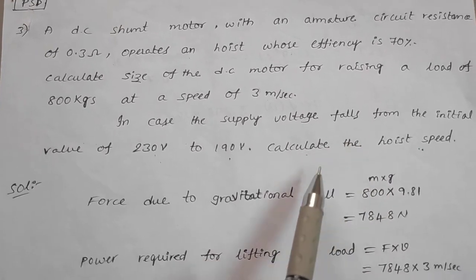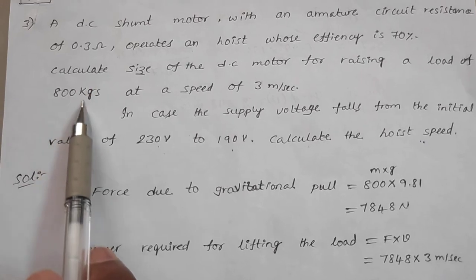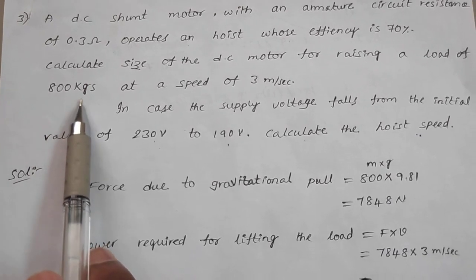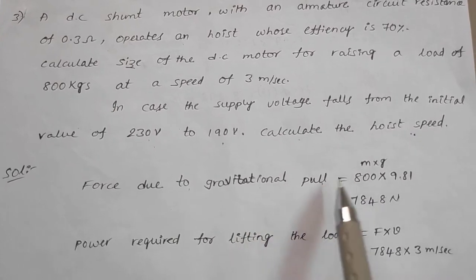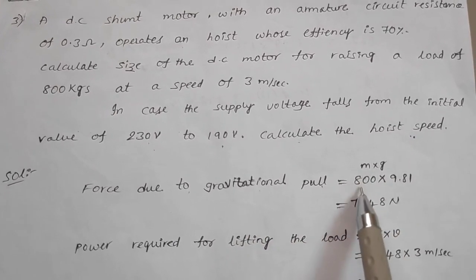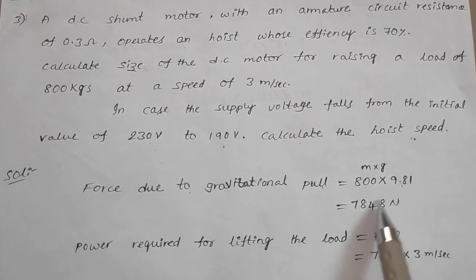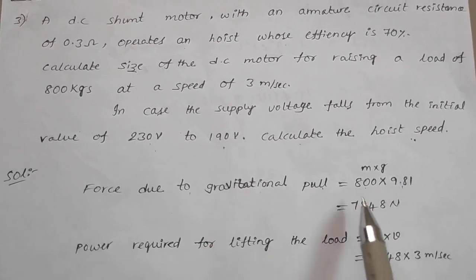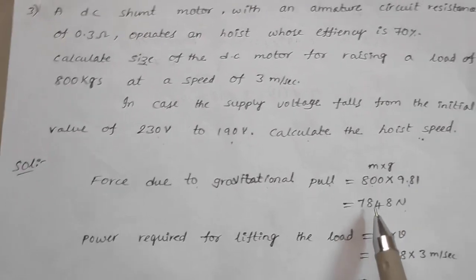From the given data, as they were given the mass of the load, we can find out the force due to the gravitational pull, that is M into G. M is 800, G is 9.81. So we will get the force as 7848 newtons.